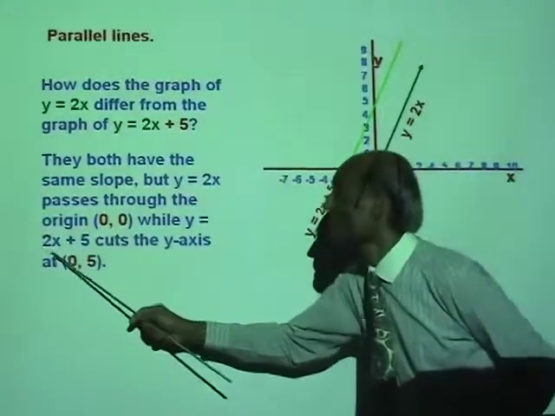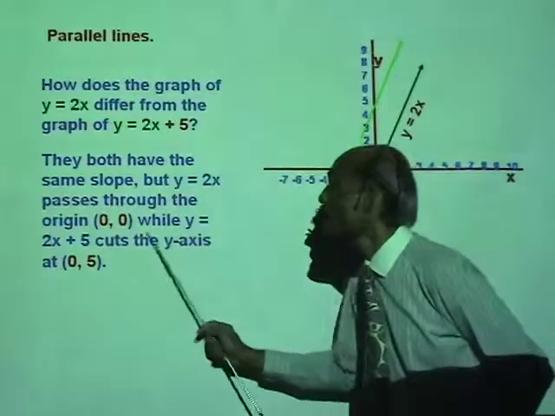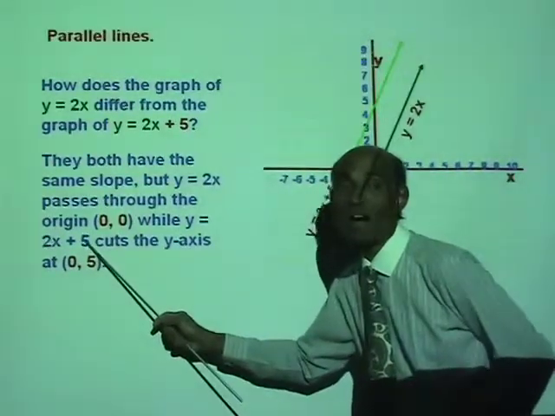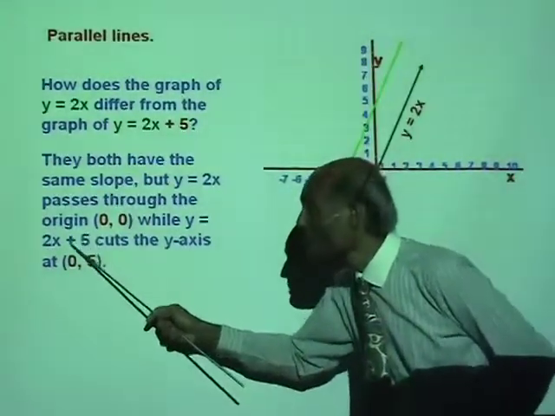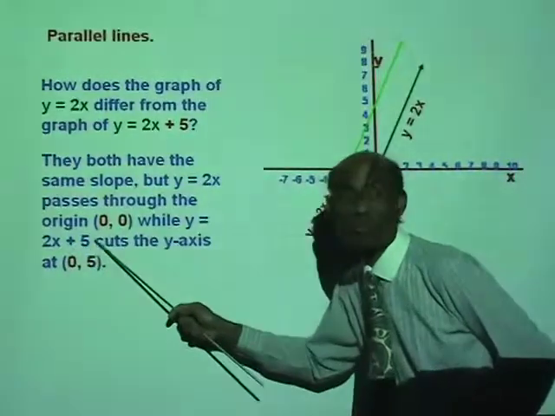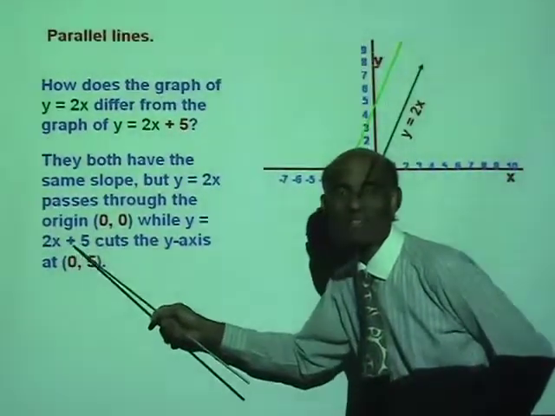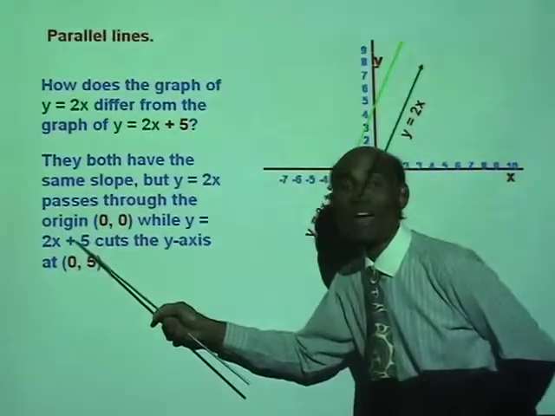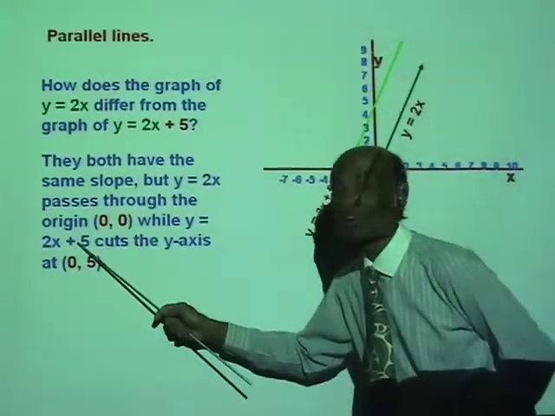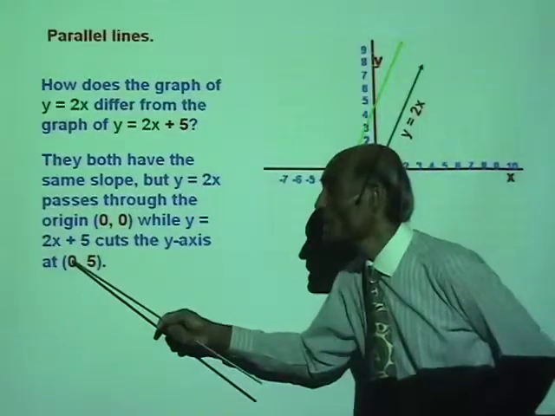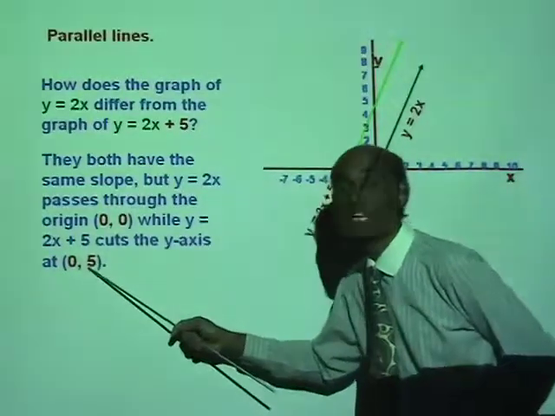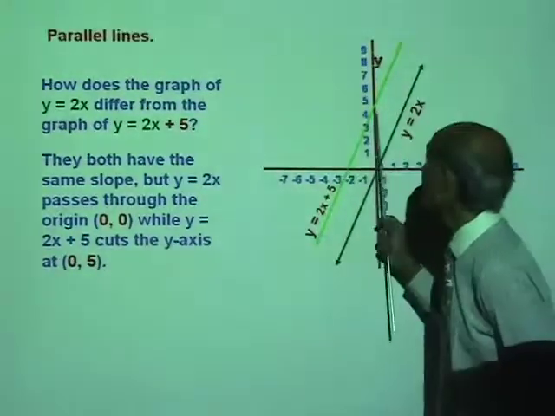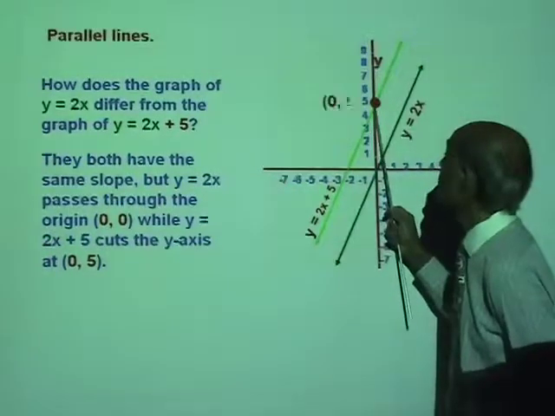The graph of the equation y equal to 2x plus 5 will cut the y-axis at y equal to 5. You see that number? That number tells you where on the y-axis the graph will cut. And its y-intercept is 0, 5.